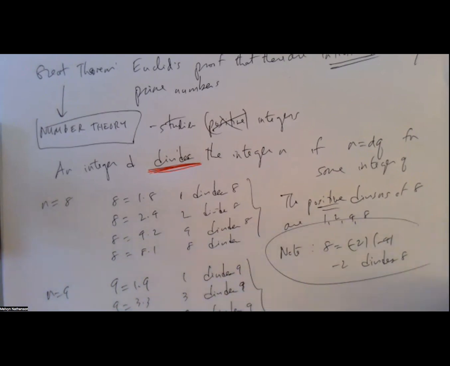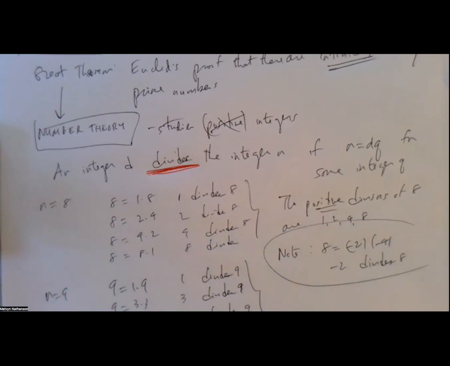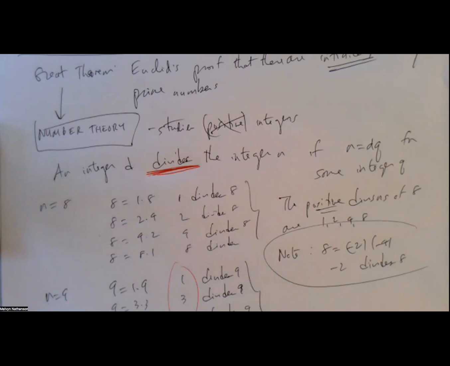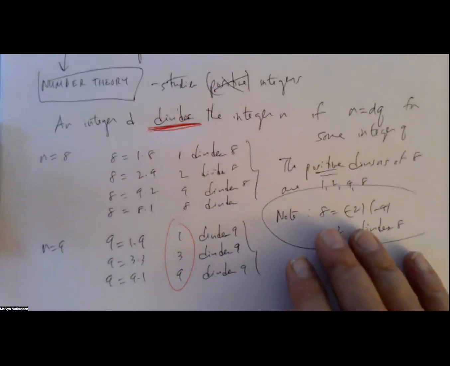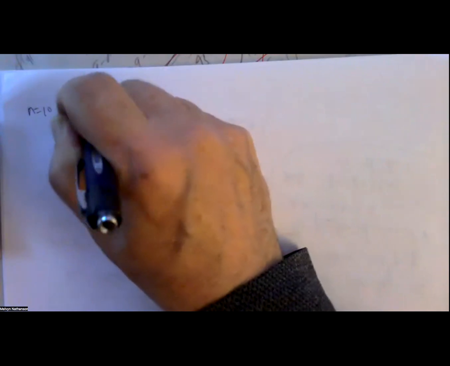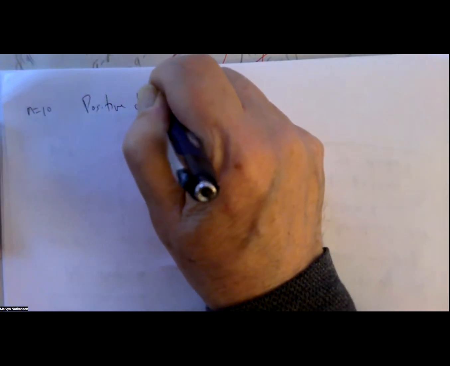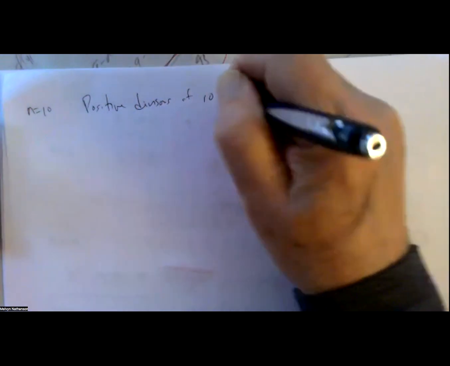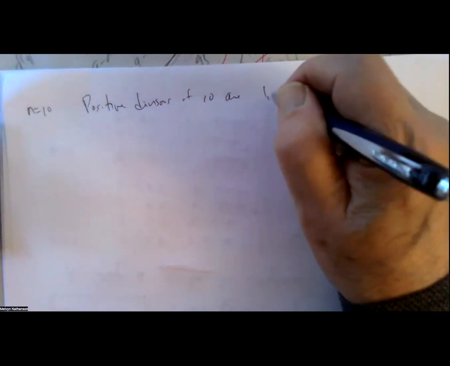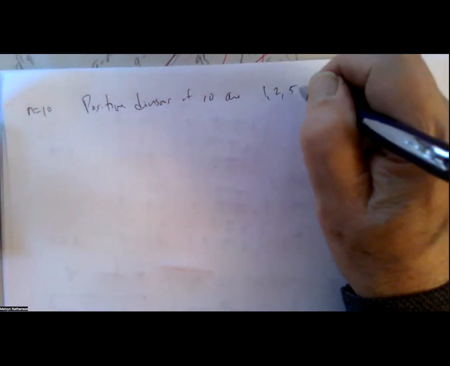In this case, the positive divisors of 9 are 1, 3, and 9. And it's fun, you can keep going. Let's take the next number, n equals 10. The positive divisors of 10 are 1, 2, 5, and 10.